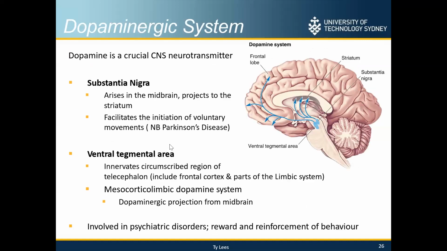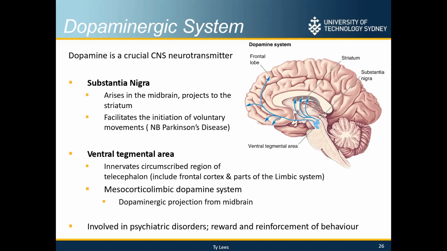All right, so the next system is the dopaminergic system. The dopamine generated by the system is a crucial central nervous system neurotransmitter. This system arises from 2 structures: the substantia nigra and the ventral tegmental area.